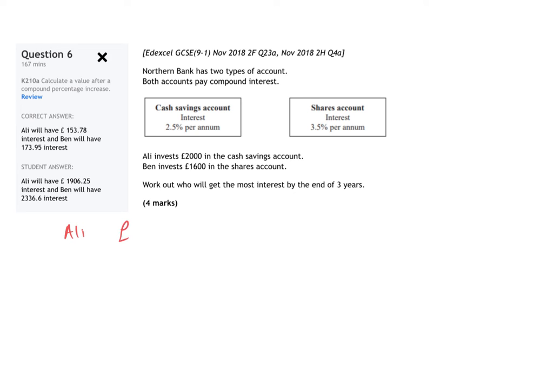Ali invests £2,000 and it's in the cash savings account, which is at 2.5%. So the multiplier is 1.025 and it's to the power of 3 for 3 years. So on the calculator, you just put 2,000 multiplied by 1.025 power 3, and you get an answer of 2,153.78.